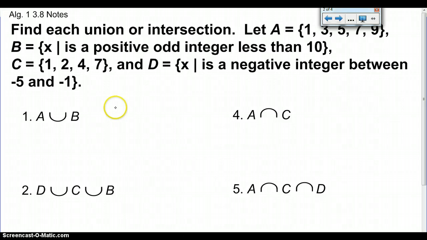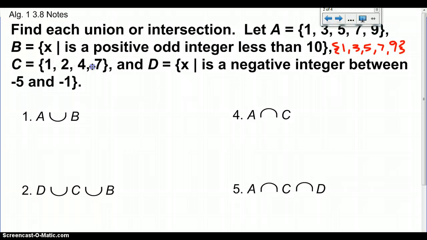So find each union or intersection. A is equal to 1, 3, 5, 7, and 9. B is all the positive odd integers less than 10. So let's write those right now so you guys know what those integers are. Odd integers less than 10 are 1, 3, 5, 7, and 9.